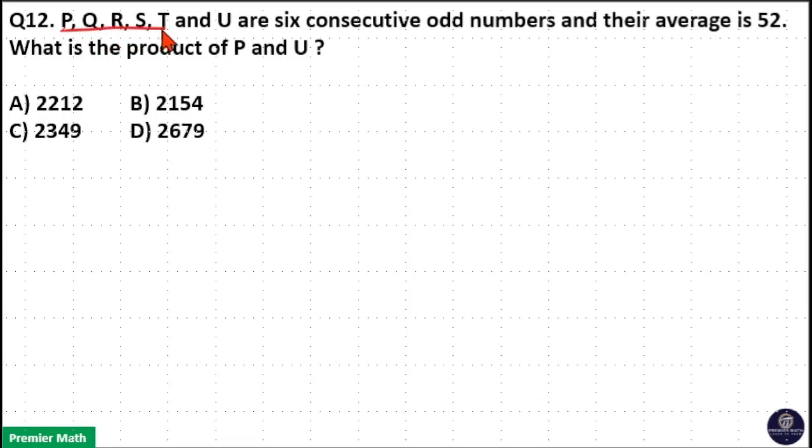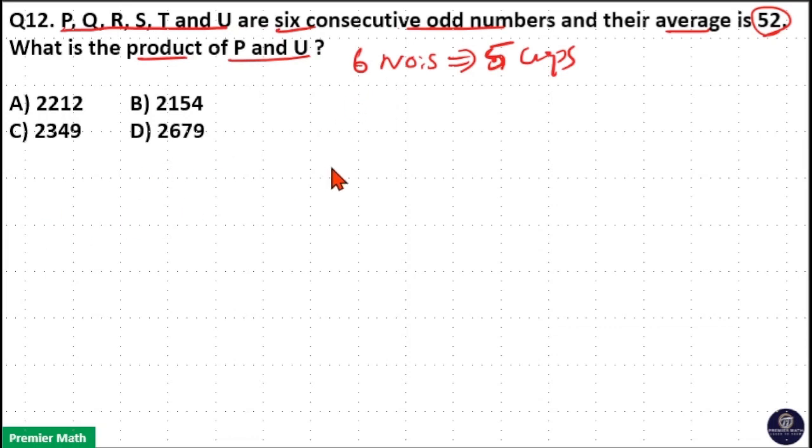P, Q, R, S, T and U are 6 consecutive odd numbers and their average is 52. What is the product of P and U? Here 6 numbers means total 5 gaps between these 6 numbers. Now average is 52, means write it in the middle. Now 5 gaps means after 52 there are 2.5 gaps.